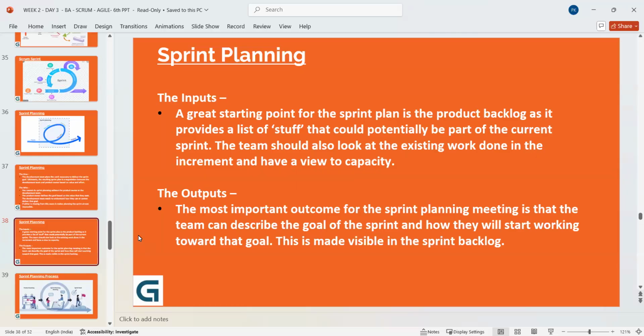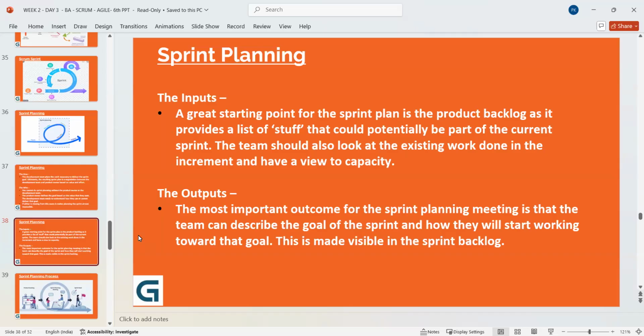This is the gist of it. Even if you don't remember the words like increment, you should remember what it does. So input is whatever the customer had given us as a requirement, and as per the customer's priority, we will take the product backlog items.